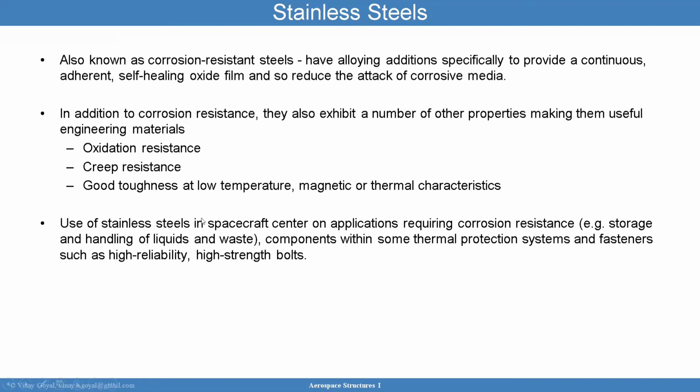Stainless steel is used a lot on engines, and you may see it on spacecraft as well, particularly storage tanks. Some components may use it in their thermal protection systems, and some places may use it as fasteners because they're highly reliable and they give you high strength bolts.